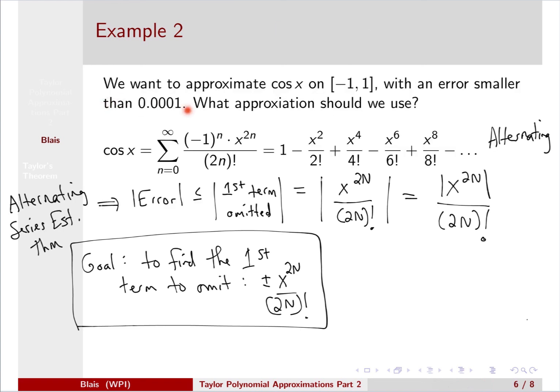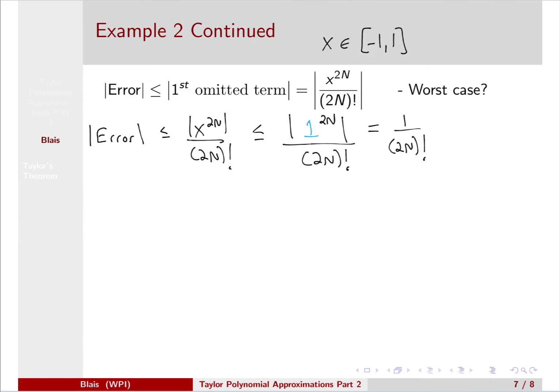We wanted an error smaller than 0.0001. So let's set this to be less than or equal to 0.0001. So this is the inequality that we set to force our error via this string of inequalities to be smaller than 0.0001.